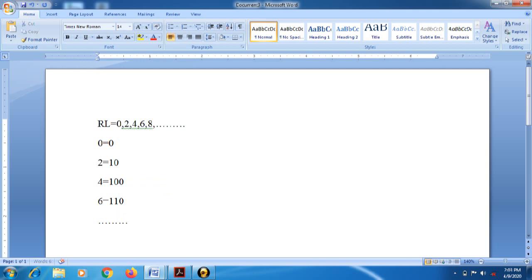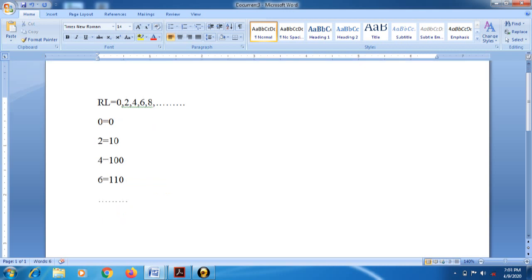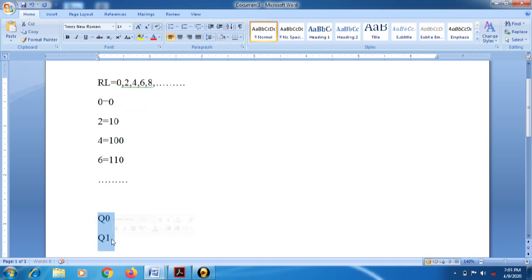Whenever we are creating our DFA, we need two states. Q0 is our initial state and Q1 is our intermediate state. So we require only two states, Q0 and Q1. Out of that, Q0 is our starting as well as ending state and Q1 is the intermediate state.